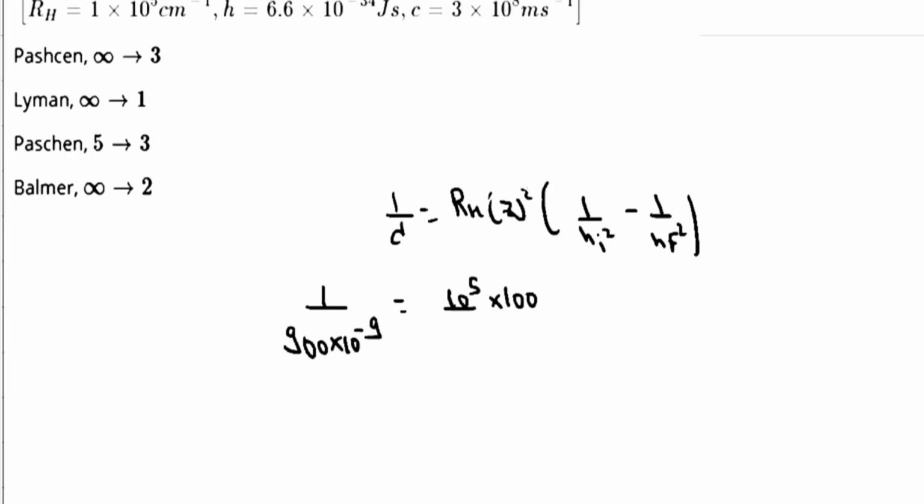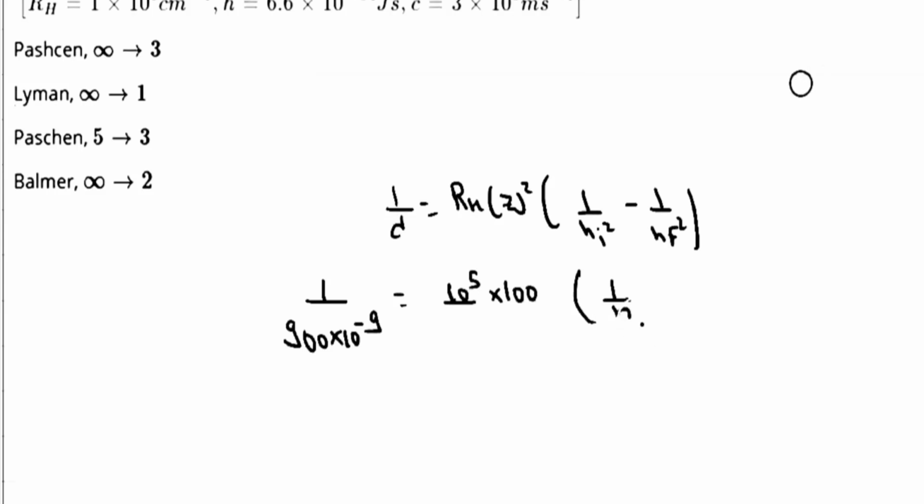Here this is Z square. Z is 1 here because this is a hydrogen atom. This is divided by 1 by n initial square, n initial is let's say n square here, minus n final, which is our infinity. So this is 1 by infinity square, which is 0.